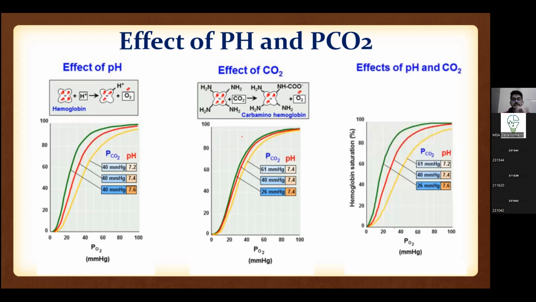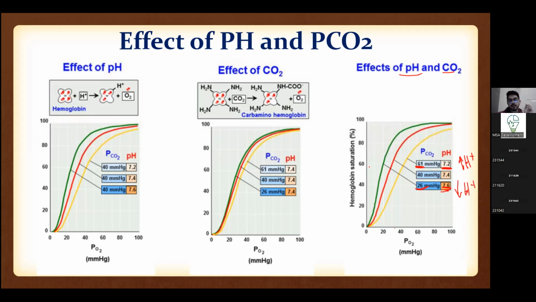So why did I include both of these effects on the same slide? Basically because the effects of these two are combined. Usually, hypercapnia or an increase in CO2 is associated with a decrease in pH, or an increase in H plus ions. And hypocapnia is usually, most of the times, associated with an increase in pH or a decrease in H plus ions.